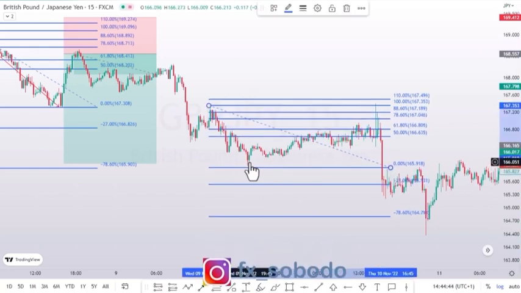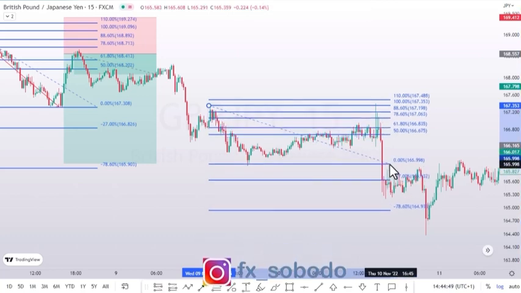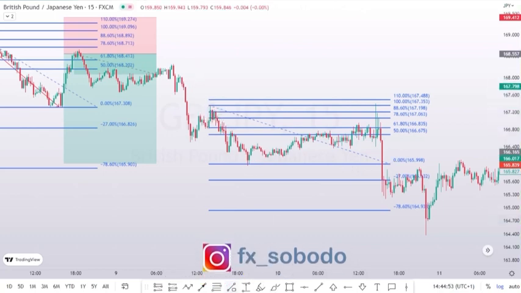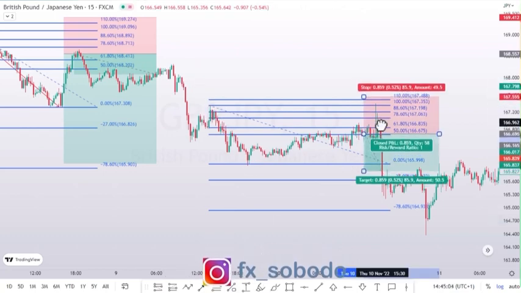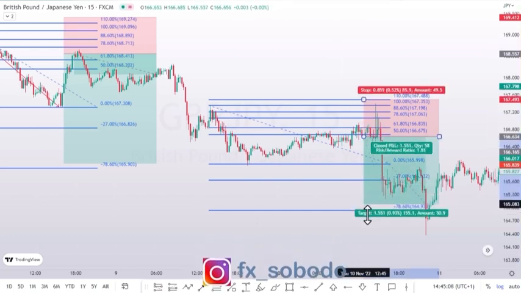Remember, you see on the wicks, voila, like that. And this is our stop loss level right from there, and then this is our target.